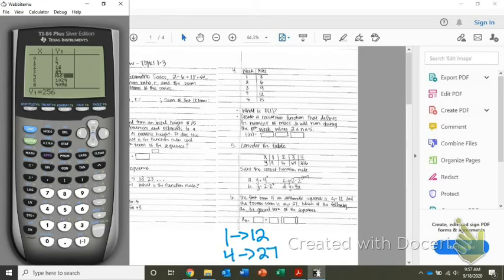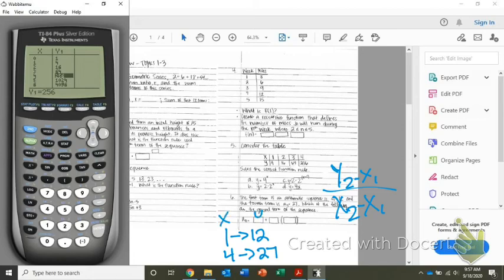So then you have to do y2 minus y1 over x2 minus x1.